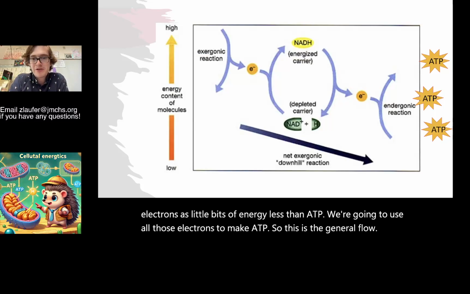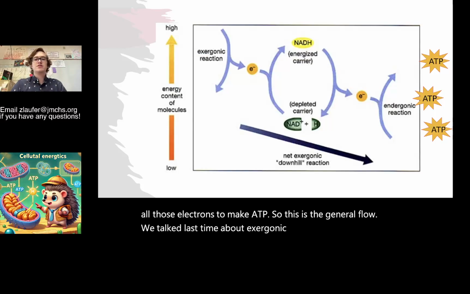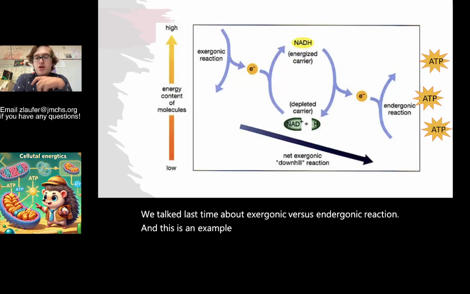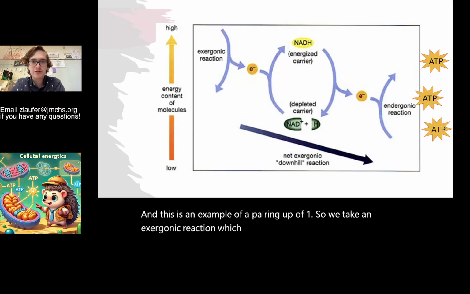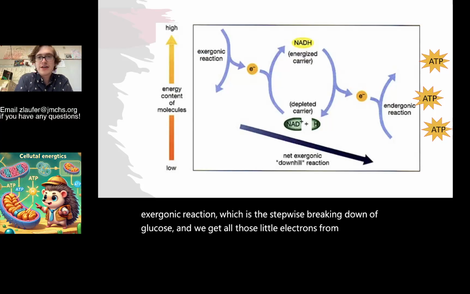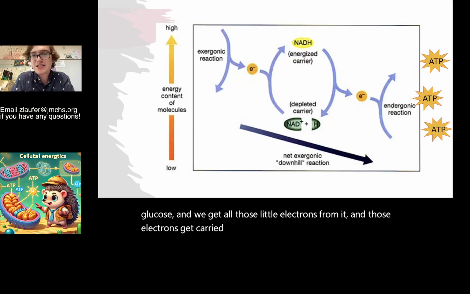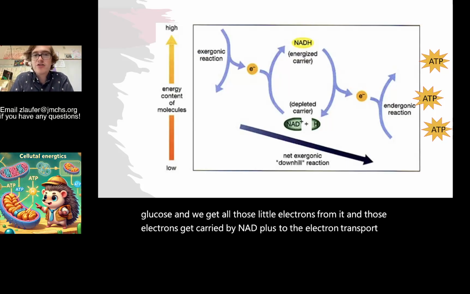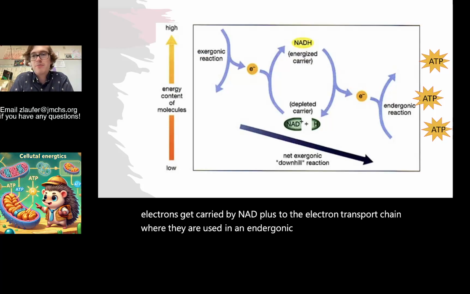We talked last time about exergonic versus endergonic reactions, and this is an example of a pairing up of the two. We take an exergonic reaction, which is the stepwise breaking down of glucose, and we get all those little electrons from it. Those electrons get carried by NAD plus to the electron transport chain, where they are used in an endergonic reaction, which actually makes ATP.